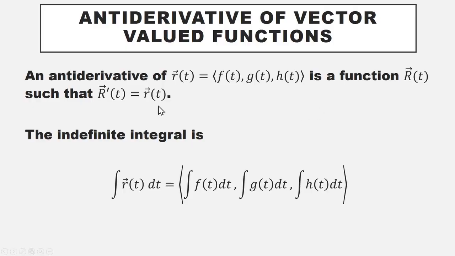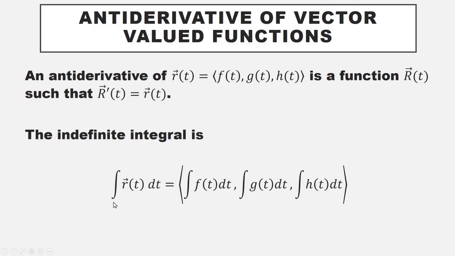Hopefully we know that in order to get an antiderivative, there's a whole class of antiderivatives. And the way we get the class of antiderivatives is by doing the indefinite integral.